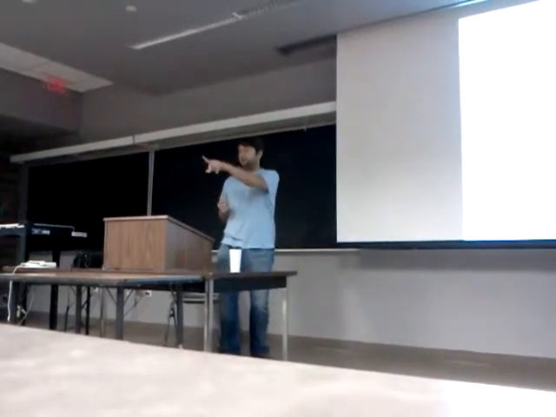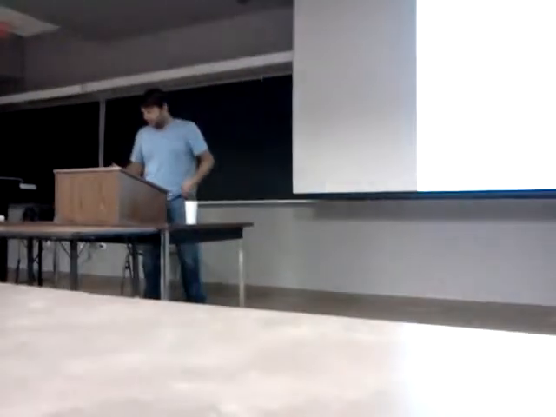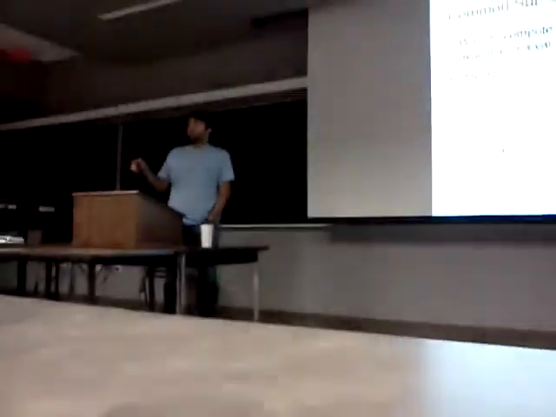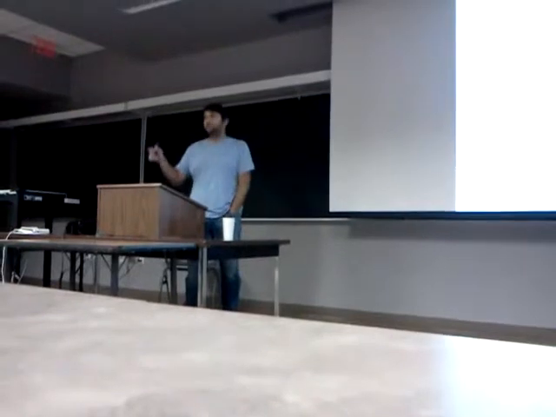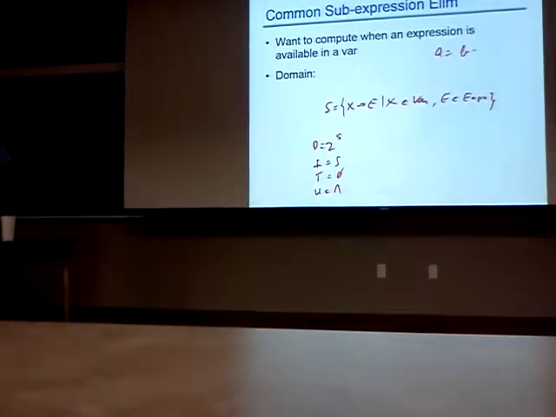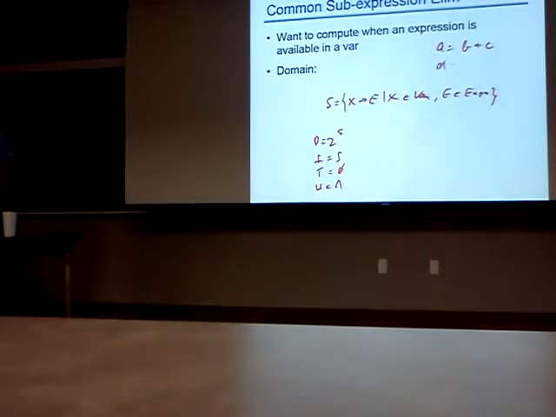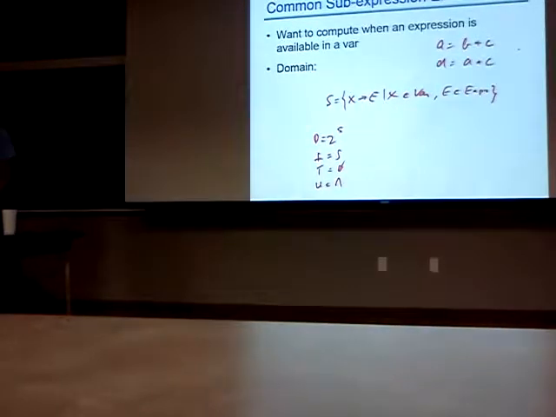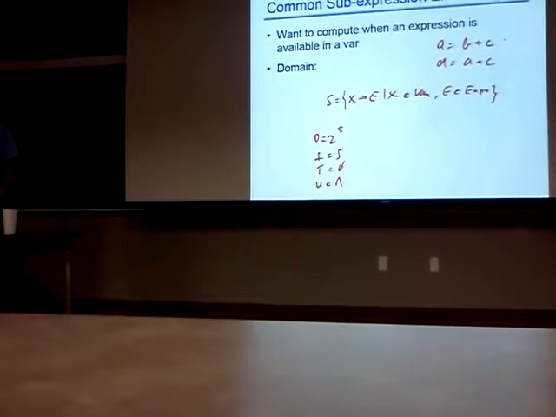Now, you're right that even though your original program may not have that, you could possibly compute information that recovers that stuff. For example, let's say you have a equals b plus c, and then d equals a plus f. Then you could compute that d is equal to b plus c plus f.